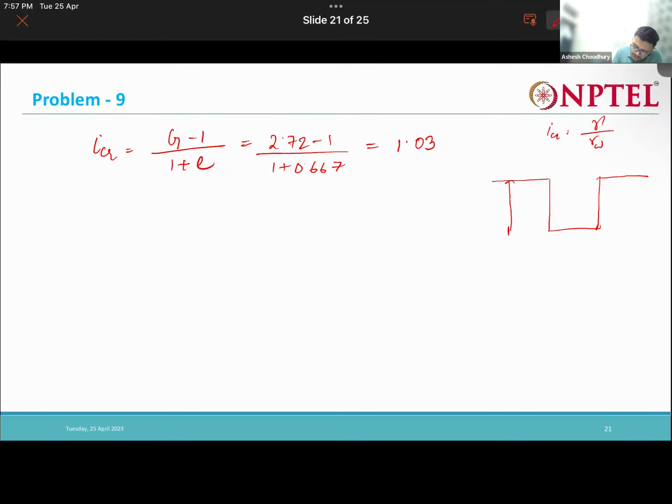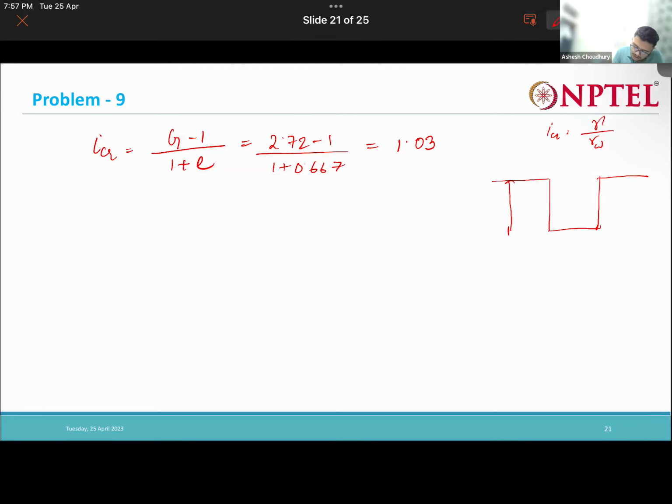So K is given in the question: 3 into 10 to the power minus 7, times i critical, 1.034, into area. You can assume unit area, one.